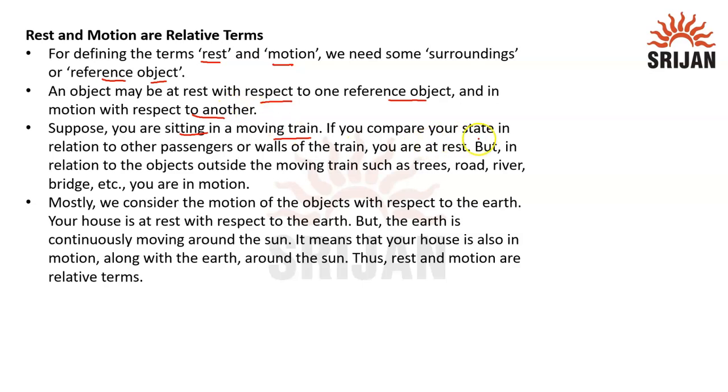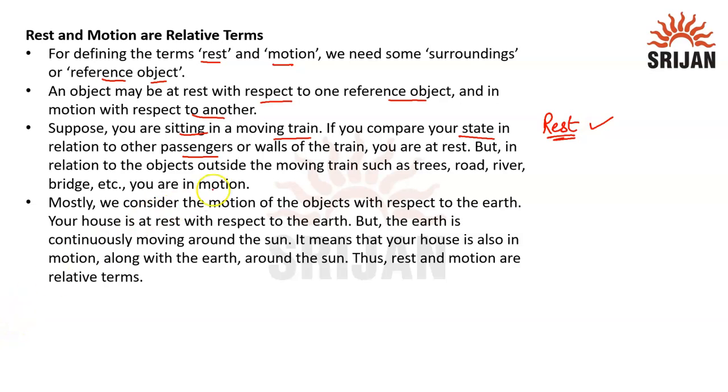If you compare your state in relation to another passenger, let's say your friend is sitting in front of you, your friend is in a state of rest, meaning he is not moving, so he is at rest in reference to you.